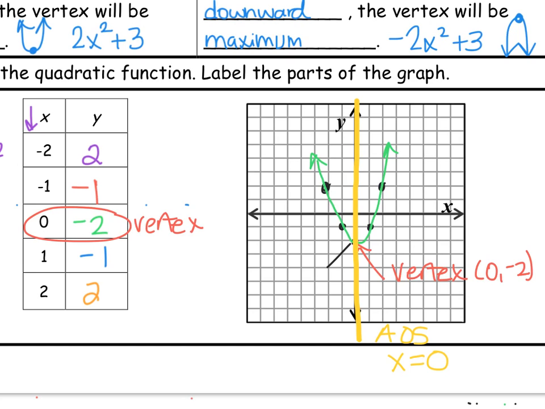The vertex is also our y-intercept. Our two solutions, the x-intercepts, are right here and right here. Sometimes the vertex and the y-intercept can be the same, and in this case they are. Our axis of symmetry is dividing this parabola into two equal halves. It's the fold line, and it's always going to go through the vertex.